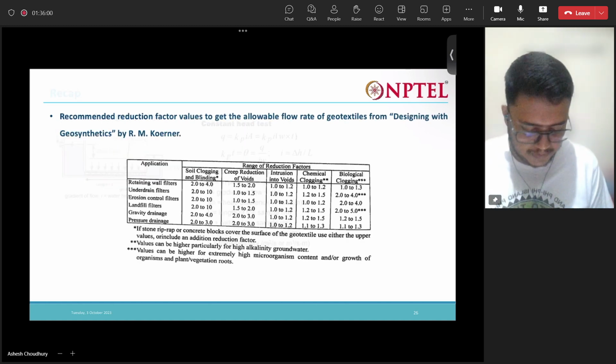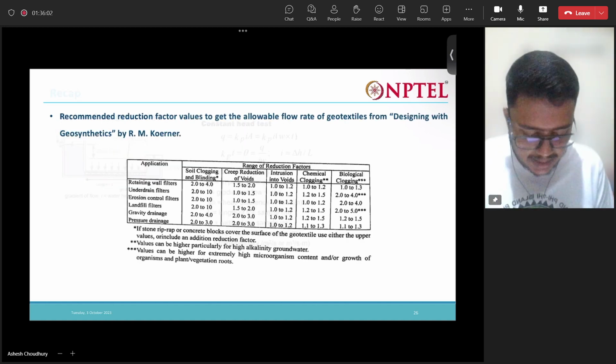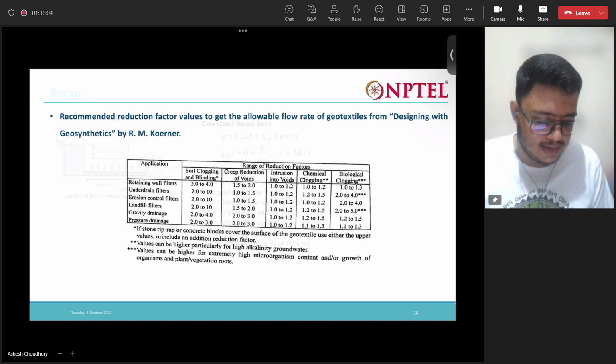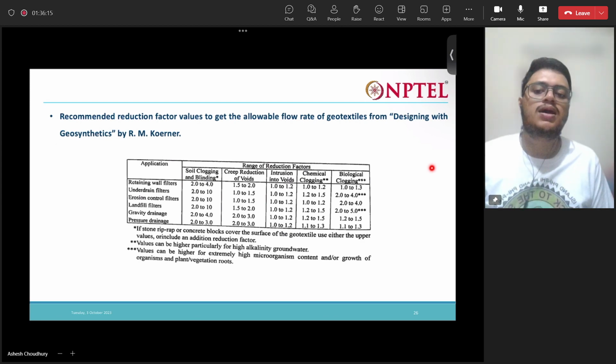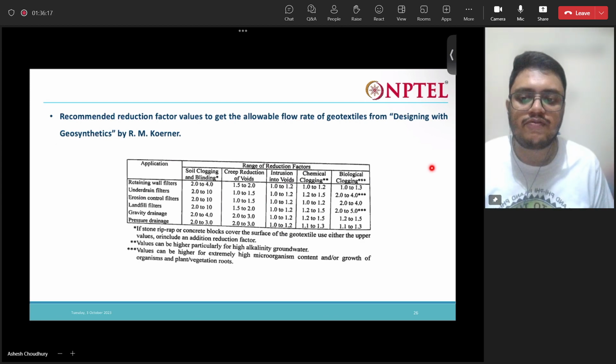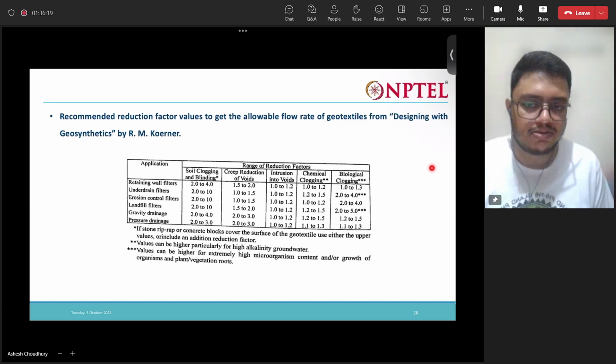So as I said, these are the recommended reduction factor values to get the allowable flow rate of geotextiles. These are given by Koerner. There are many reduction factors that we use. The first reduction factor is RF_SCB, that is the soil clogging and blinding. In various applications we can use various factors.